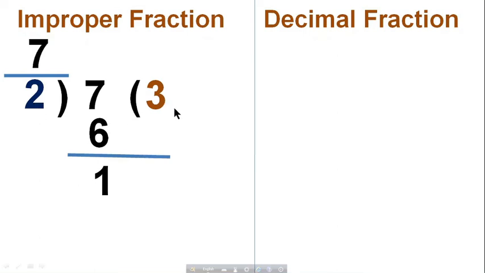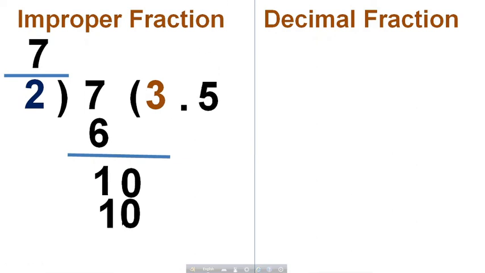So we will put a decimal point here and take a 0. So it will be 10, and 10 is divisible by 2. That means we will get 5. 5 2s are 10. Our difference is 0, and we have got our decimal fraction here, 3.5. 3.5 is the decimal fraction of the improper fraction 7 by 2.